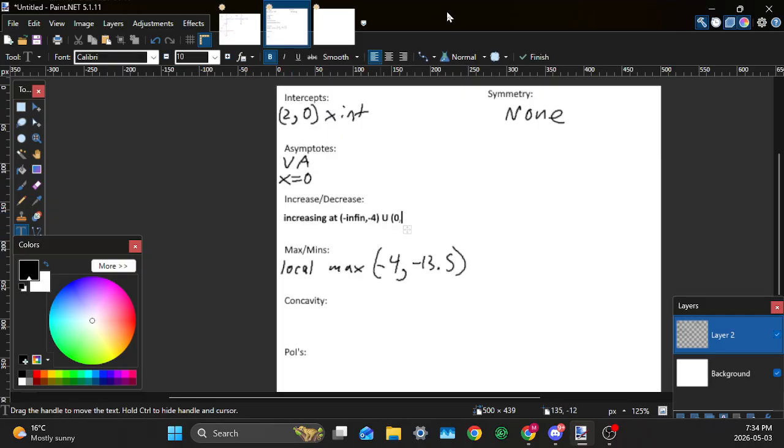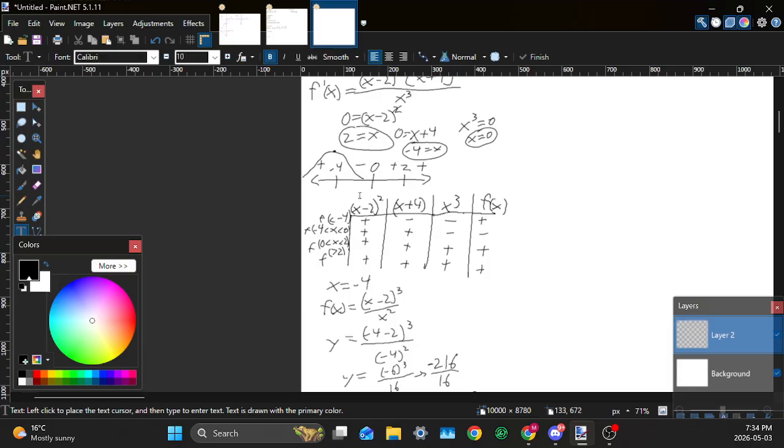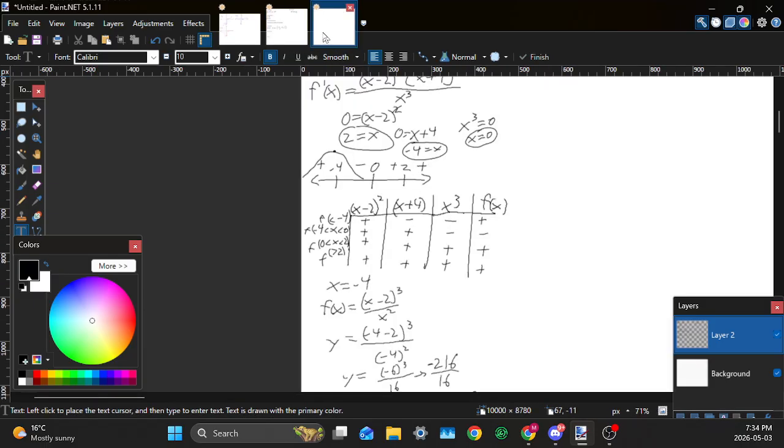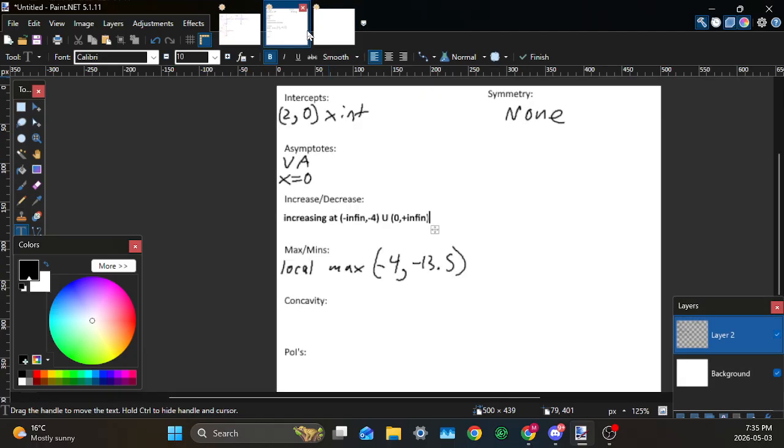Actually, because this isn't an asymptote, it's not going to skip over 2, and it's just going to go straight to positive infinity. So yeah, it's just going to keep increasing. Well, no, I suppose because it flattens out, it's not increasing at that specific point.